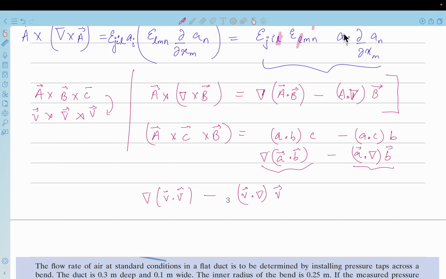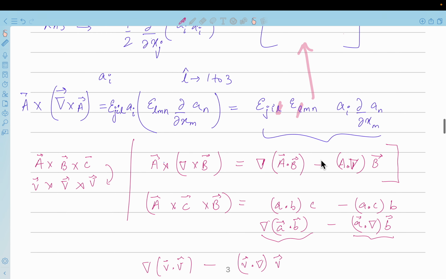I mean, I know what is a Galilean frame, but I don't know what that means. You can post a query on the portal of NPTEL.